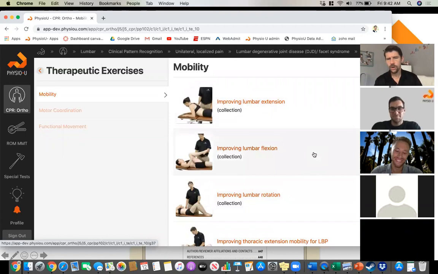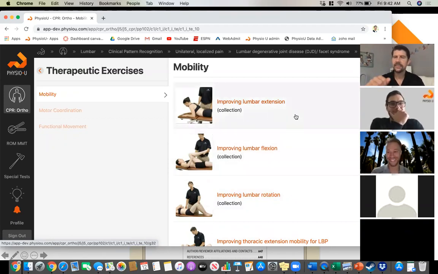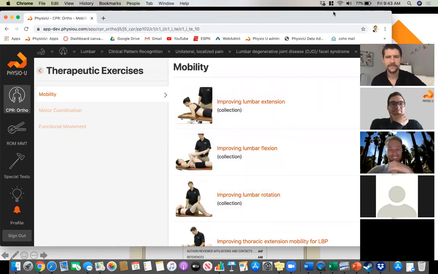So you have all these different options to improve lumbar extension, lumbar flexion, and lumbar rotation. Where would you guys start if someone has a facet problem? You just worked on PAs and maybe you did some rotational stretching. What are you going to do for HEP? Would you work on extension, flexion? It's a tough question. What do you guys think? Flexion.